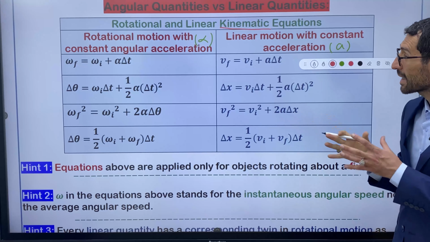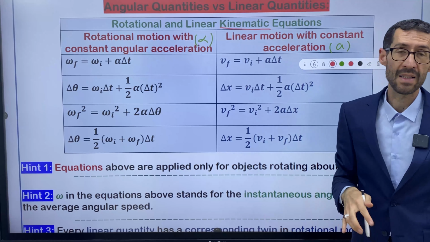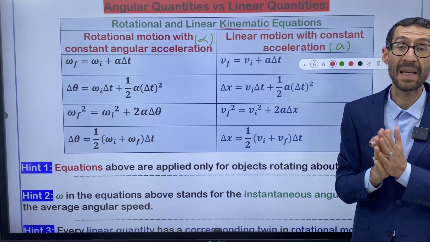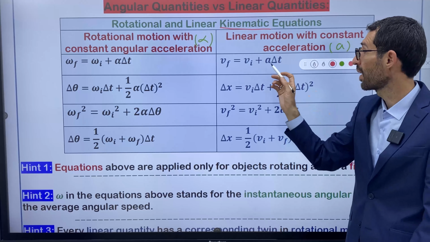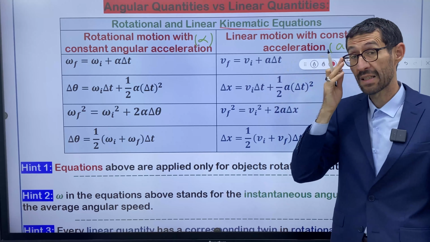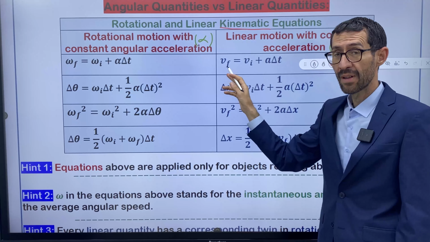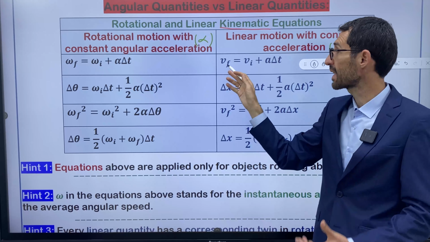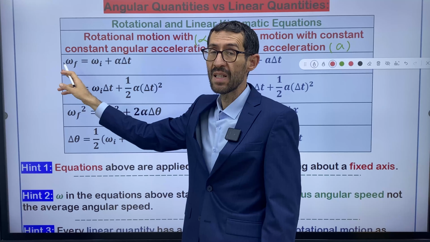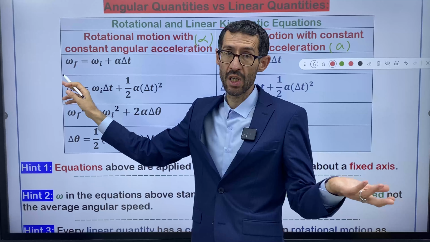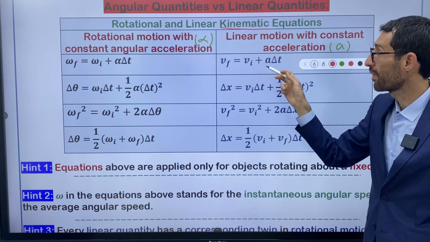If you look at these equations, I can see they are copy-paste of one another, except for the physical quantities. Here V means velocity in linear motion, but here we have omega, meaning velocity in rotational motion. We talked about V and omega.